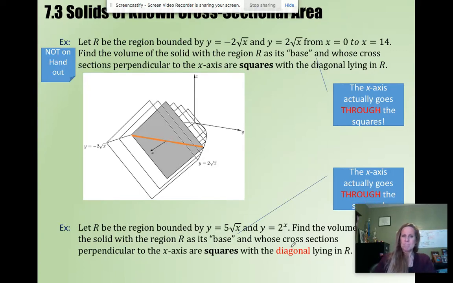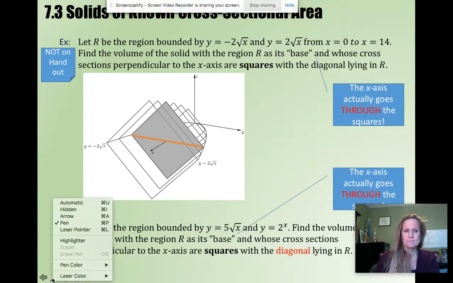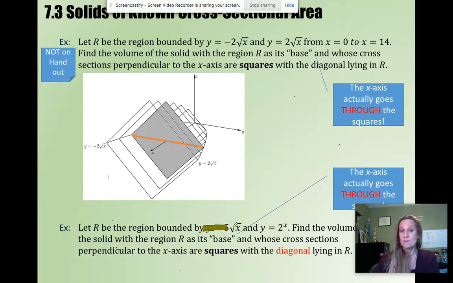Okay, this time, same situation, different shape, but the region is a base, that's Play-Doh. The cross sections are perpendicular to the x-axis, that's dx. I'm dealing with squares, side squared, but the diagonal is lying in the Play-Doh.